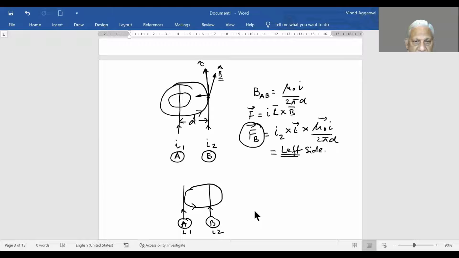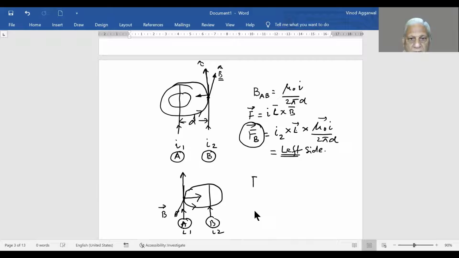If at this point we take the tangent, this is the direction of our B. And the direction of L is this. So L cross B will be going in this direction.